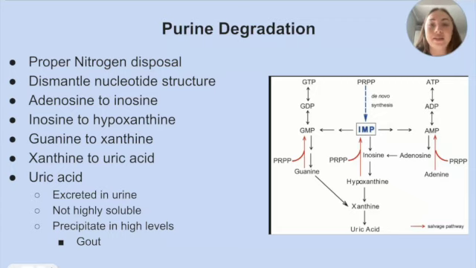Inosine and guanine can be further oxidized into hypoxanthine and xanthine. Particularly, xanthine is further oxidized to produce uric acid. Uric acid can be excreted in the urine, although uric acid is not highly soluble and can precipitate in high levels, causing gout.